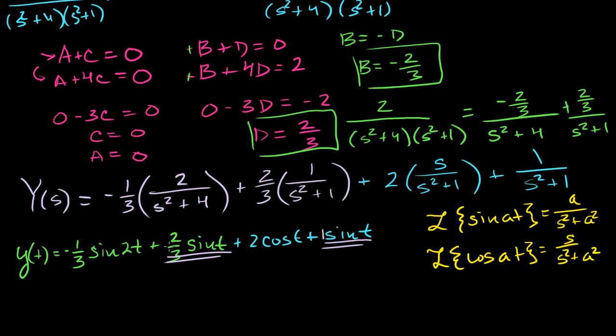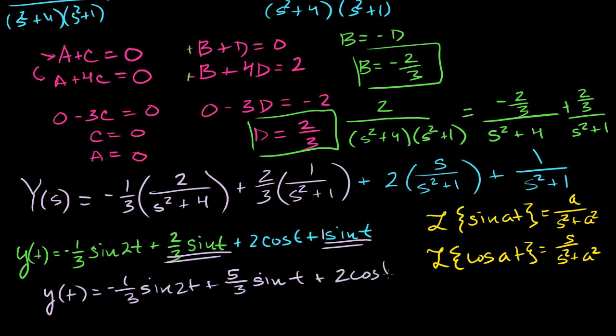What's 2/3 plus 1, or 3/3? It's 5/3. So I can write y of t is equal to minus 1/3 sine of 2t plus, these two terms I'm just going to add up, plus 5/3 sine of t. And then I have this last term here, plus 2 cosine of t.